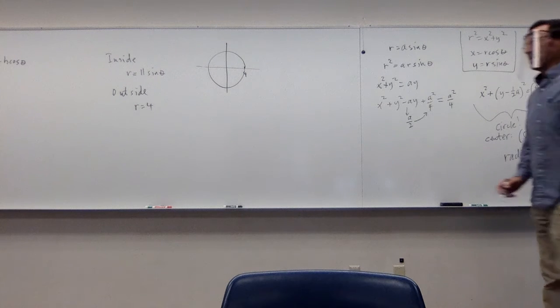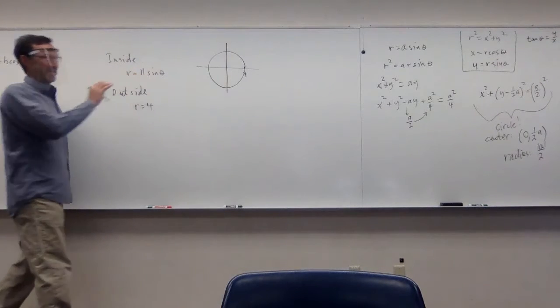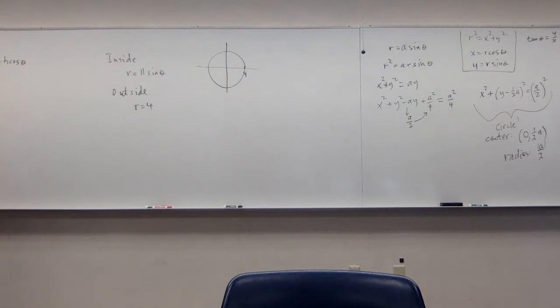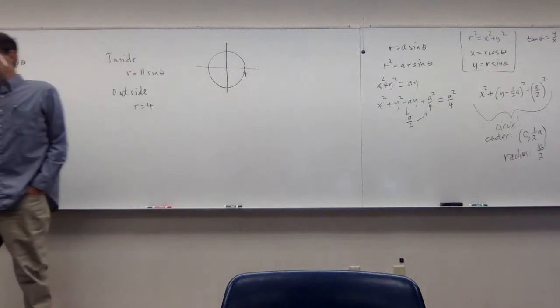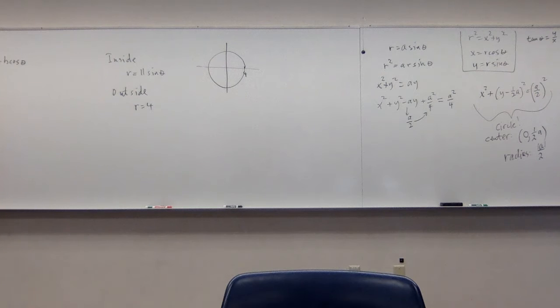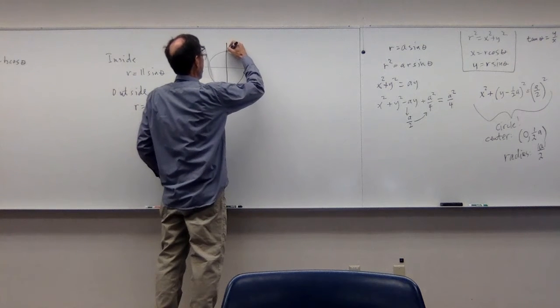All right, so now come over here. What's the graph of 11 sine theta? Circle. It's a circle. Where's the center of this circle? At 11 halves. Yeah, now what do you mean at 11 halves? We got 4 variables possibly, r, theta, x, and y. So it's x equals 0 and y equals 11 halves. This is 8 halves.